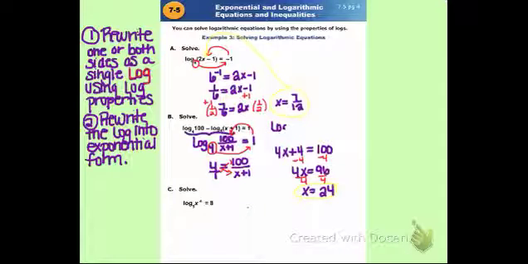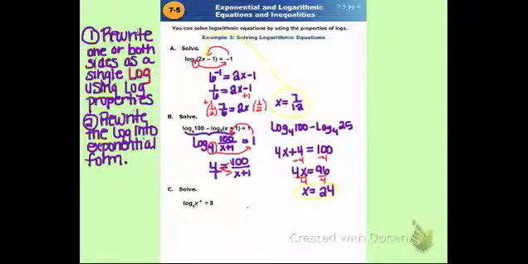It would say the log base 4 of 100 minus the log base 4 of 24 plus 1, which is 25. And so it's not really readily available what 4 to what power is 100 or 4 to what power is 25. So checking this is probably not going to be something we're going to be able to do very easily. So we just have to trust that what we did to solve worked.